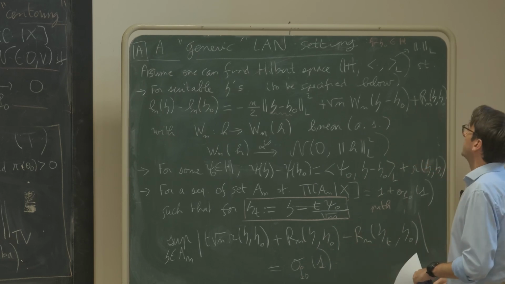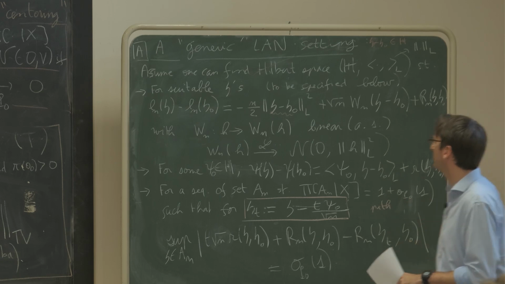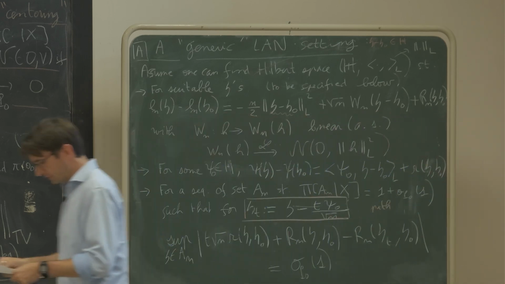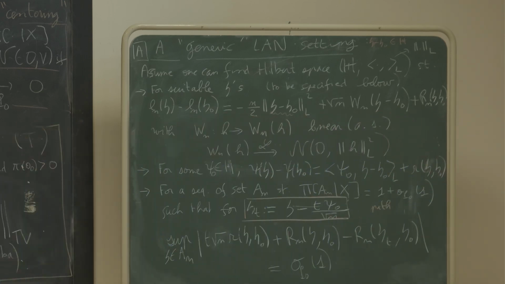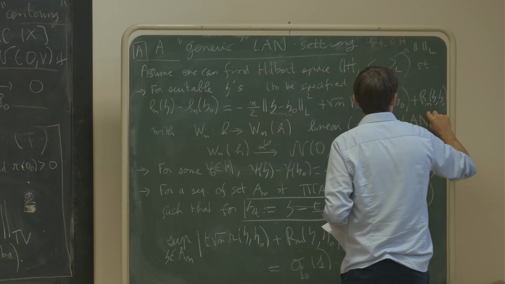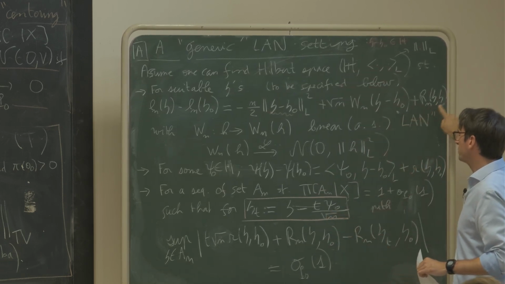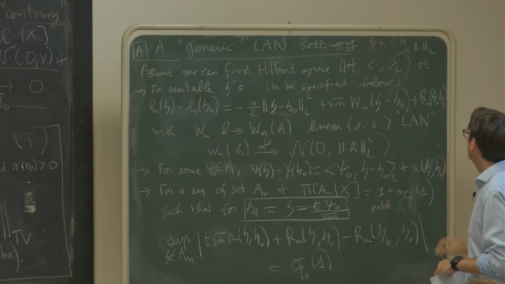Okay, so that's the setting. Fortunately, I could fit it in this board, and maybe it can stay here. So what is the intuition, which I already outlined a bit while I was writing? The first part is like the LAN-type expansion, where I will have to assume something on the remainder term.